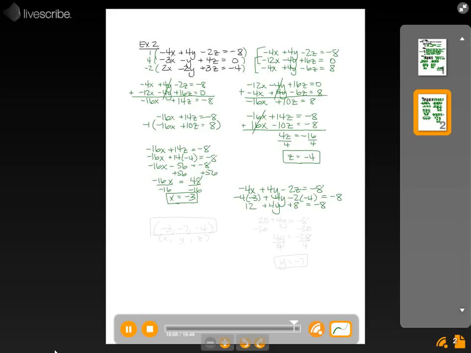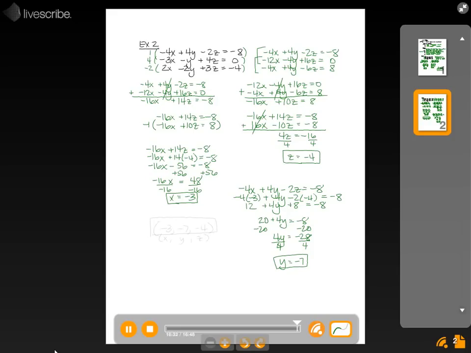Let's combine what we know here. We get 20 plus 4y equals negative 8. Subtract 20 from both sides. So 4y equals negative 28. Divide both sides by 4. Y is negative 7 because negative 28 divided by 4 is negative 7.